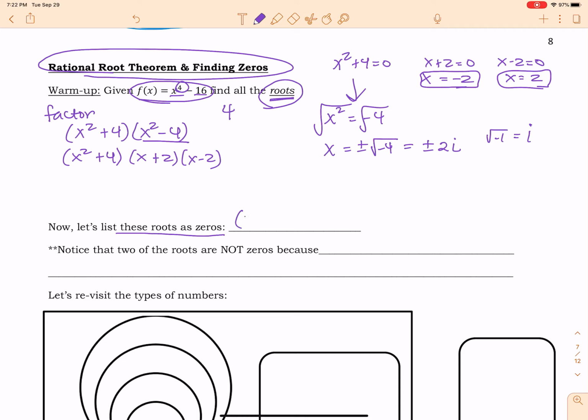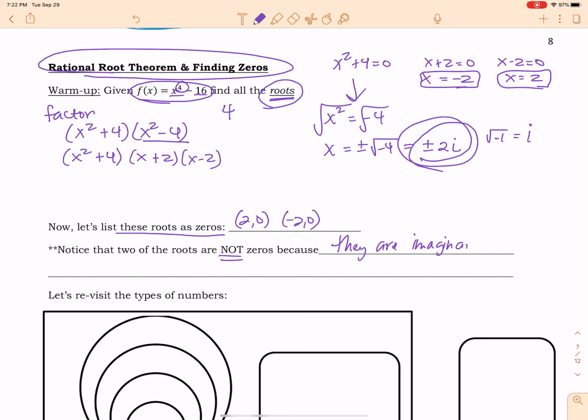All right, so as we're looking through this, let's list these roots as zeros. I can list my 2 as a zero and my -2 as a zero, but I can't list plus or minus 2i as a zero because it doesn't cross the x-axis. So I want you to notice that 2 of these roots are not zeros because they are imaginary. That's why they can't be written as zeros.